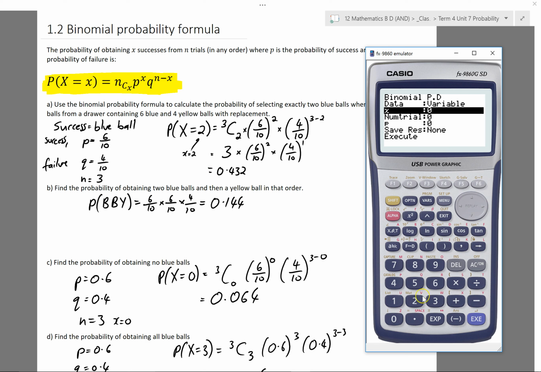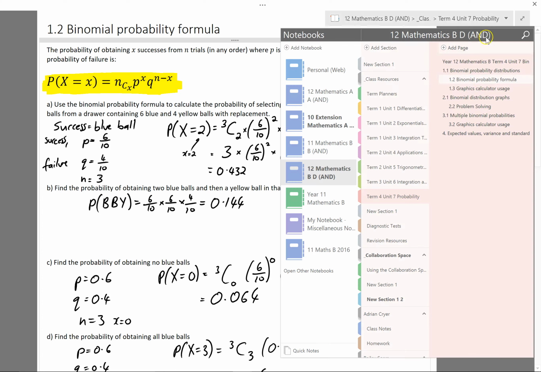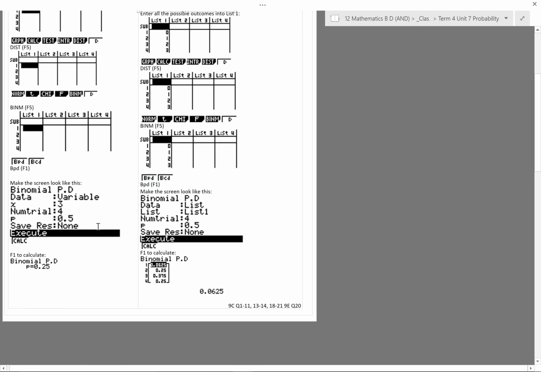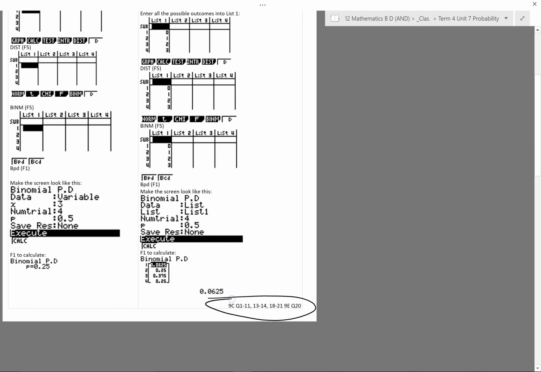I wanted 2 successes in 3 trials, and my probability of success is 6 on 10. And I'll go down and execute, and I'll get my probability of 0.432. Now you can use this to check, but in the exam you'll have to do it by hand. There's some more detailed instructions here if you're really keen. Otherwise, get into those questions.